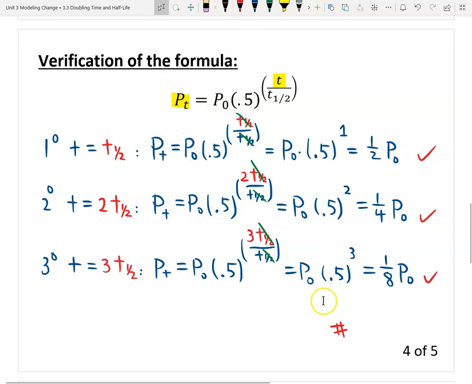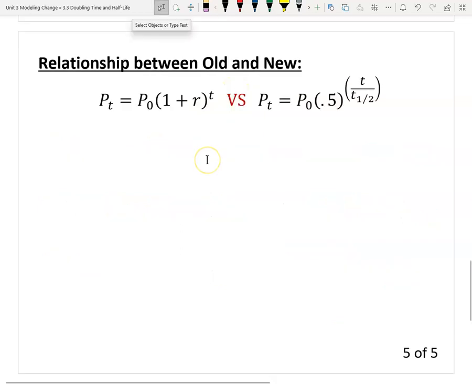Now, let's find the relationship between this new exponential model and the old exponential decay model. The first is the exponential model we learned before, right?